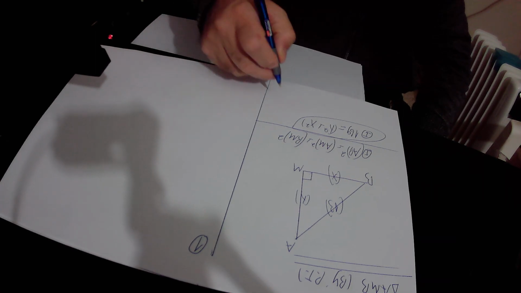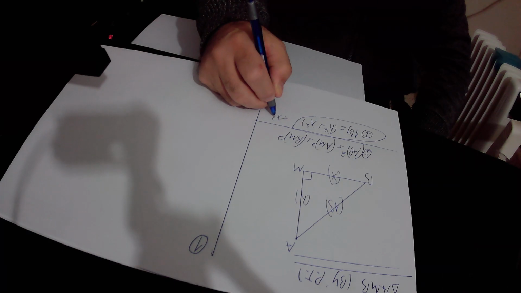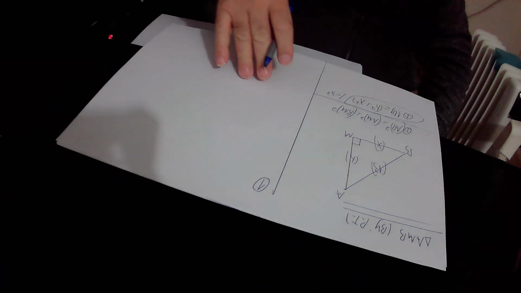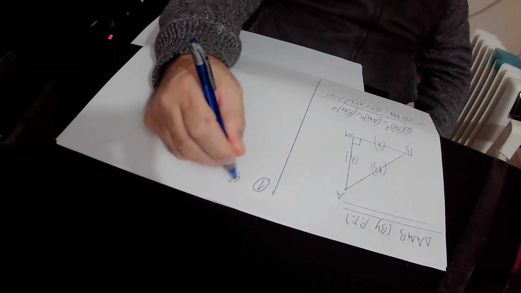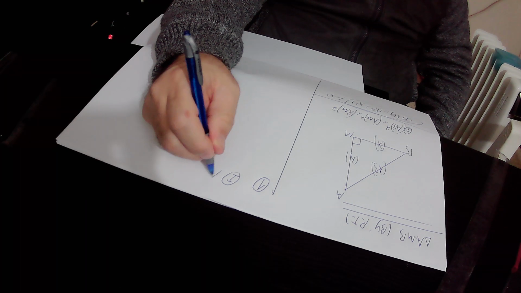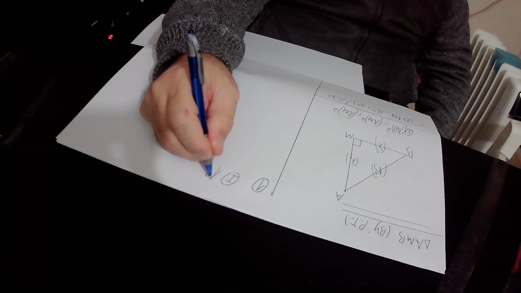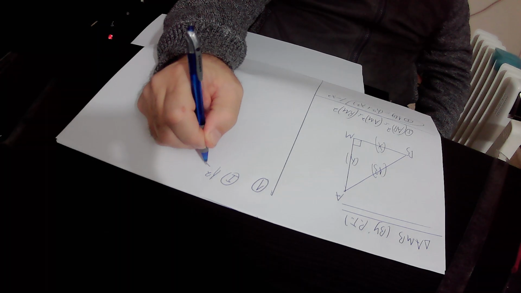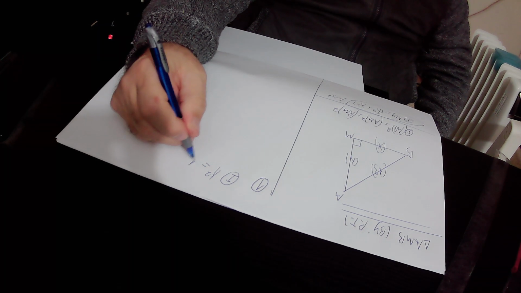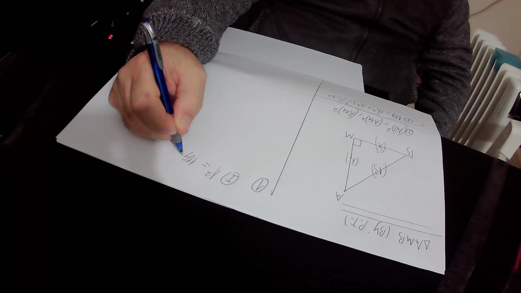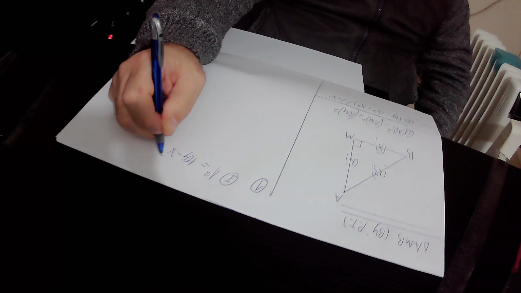Here we subtract X squared from equation number 1, and we get that H squared equals 169 minus X squared.